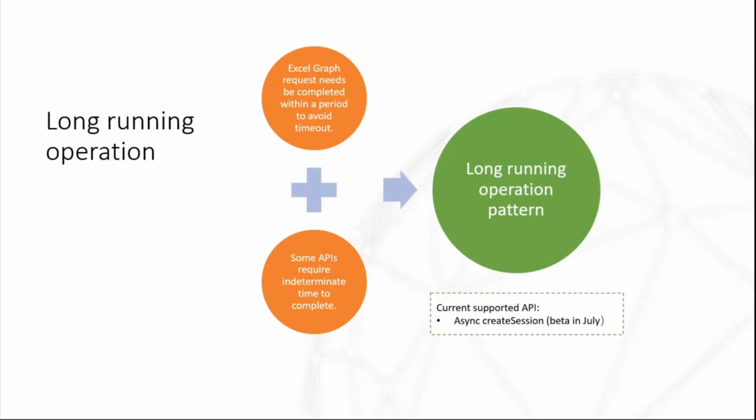By adopting this pattern, our users do not need to wait until the action is completed before returning a response, or worry about the timeout for the request. Currently, we have only one API using this pattern, the async create session API, which is already in beta version this month. This is good news, right? In future, we hope we can provide more and more APIs with the long-running operation pattern.